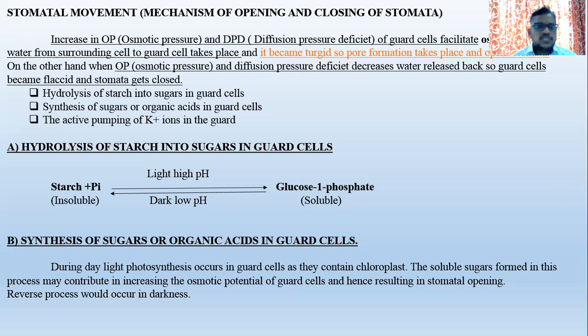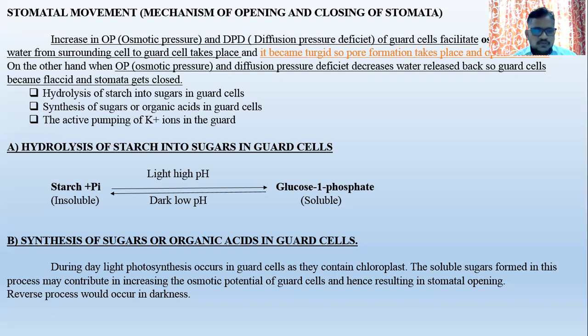Means what? This process is happening in the day period, when the sunlight is there. And because of this, what will happen? When it is converted into the soluble form, at that time osmotic pressure is increased in the guard cell.